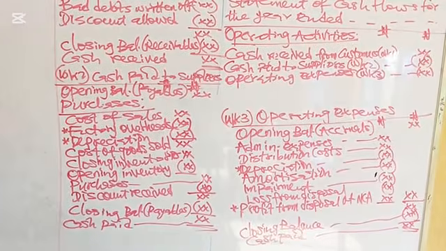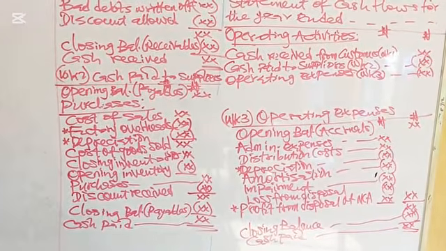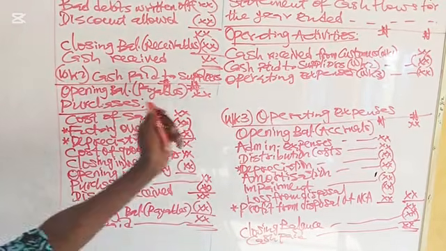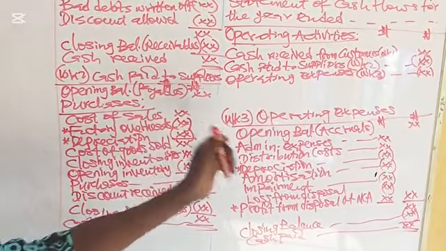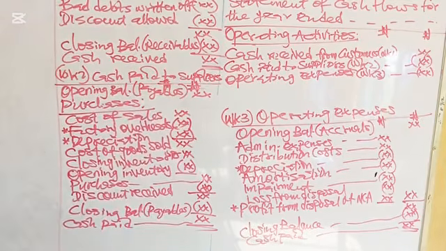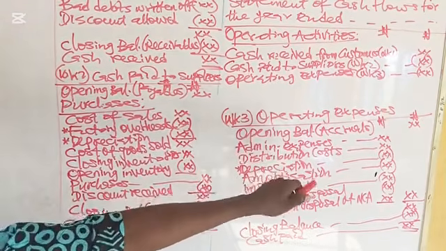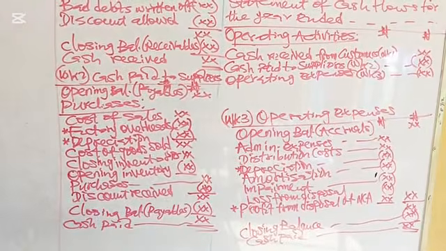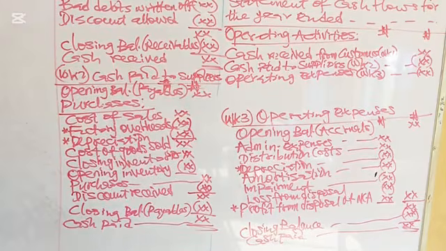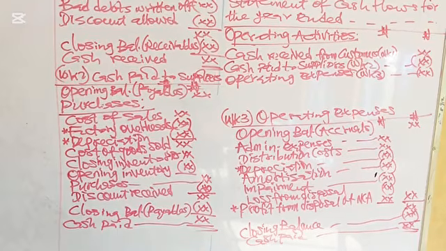But you can't have them in both. Those that go to cost of sales will be adjusted in cost of sales, and those that go to operating expenses will be adjusted in operating expenses, and not both. At the time we are solving a comprehensive question, you will see how these things are calculated.